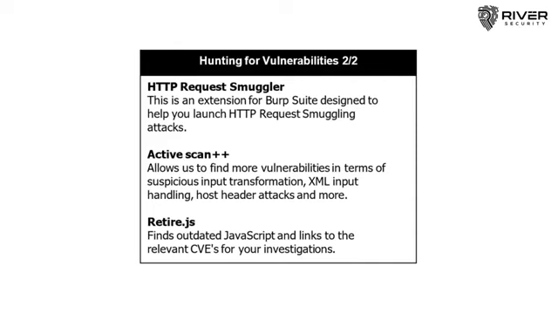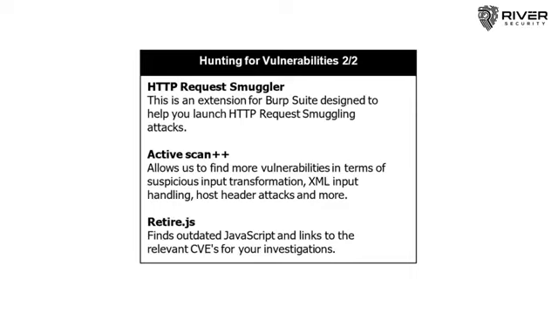It allows you to find all kinds of different interesting things that might not lead to a vulnerability, but gives you, as the pen tester, the ability to explore. It gives you the drive and the motivation and the little nugget of information that you need to explore what the application is doing. And ActiveScan++ looks for all kinds of vulnerabilities like XML input handling, host header attacks, and a ton of other things. So you gotta check it out.